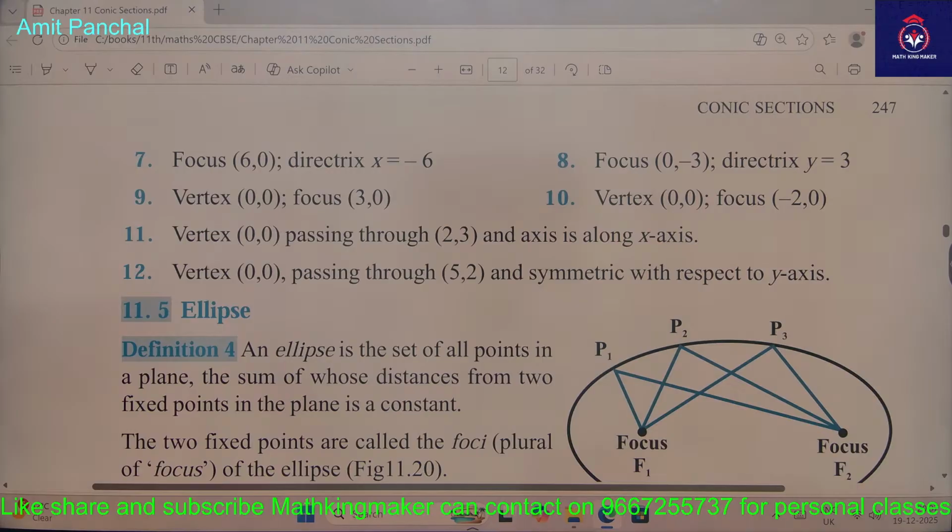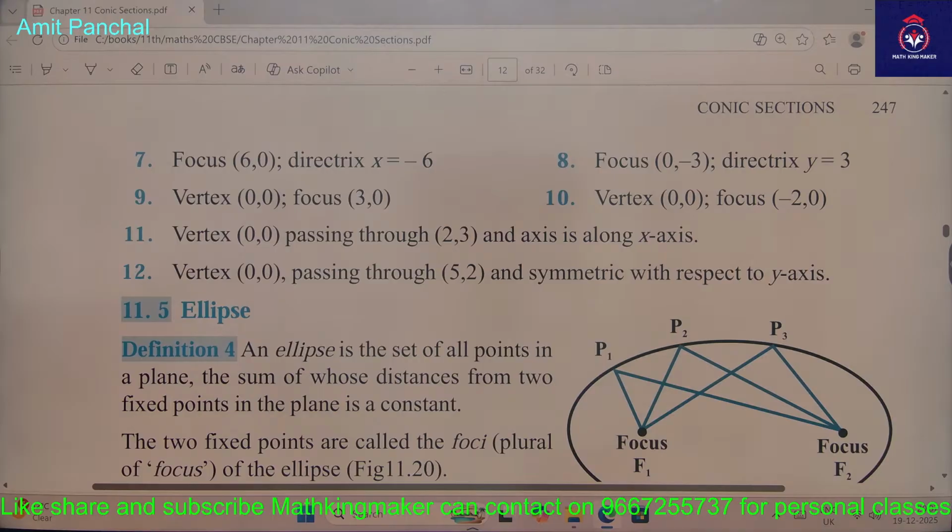So is it y square equals to 9 by 2x? Yeah. But we'll write it 2y square equal to 9x. Okay, sir. Good. Good one. Now on x-axis, passing through 5, 2.